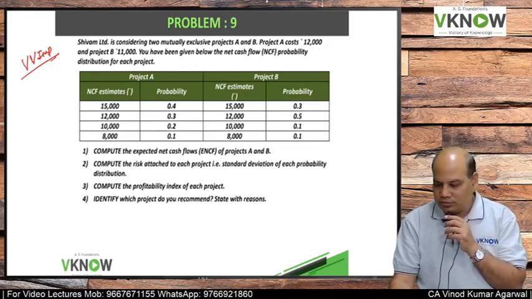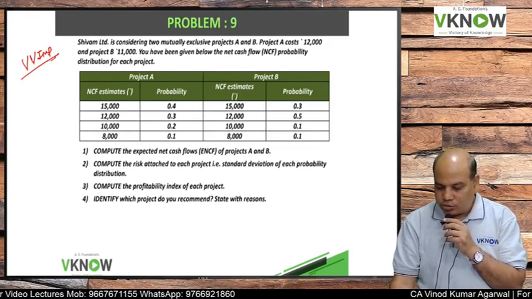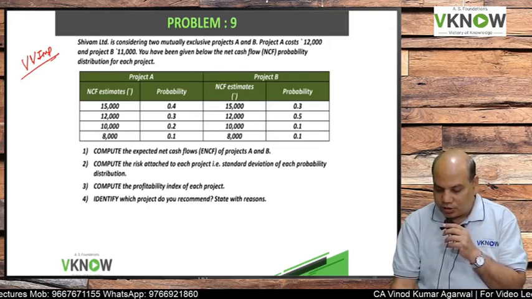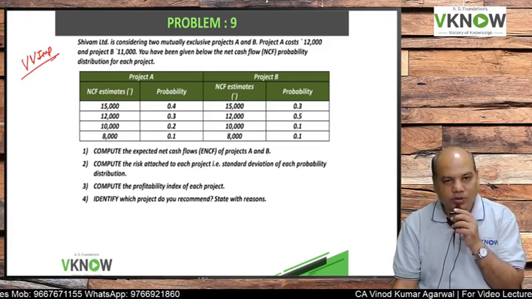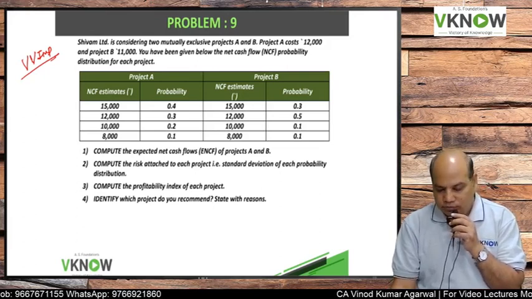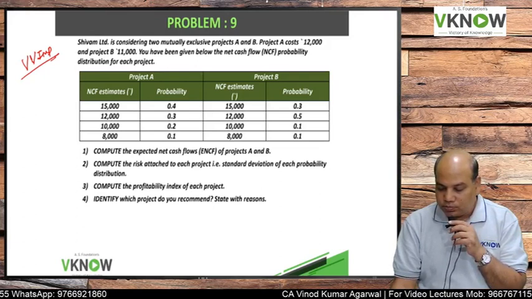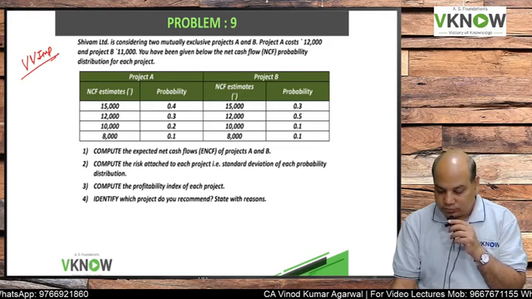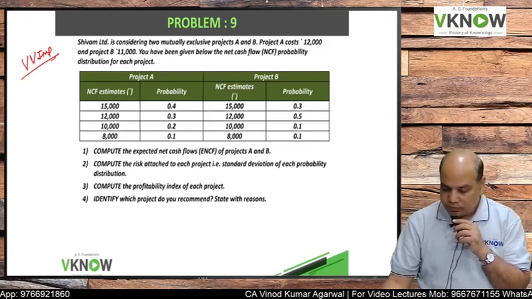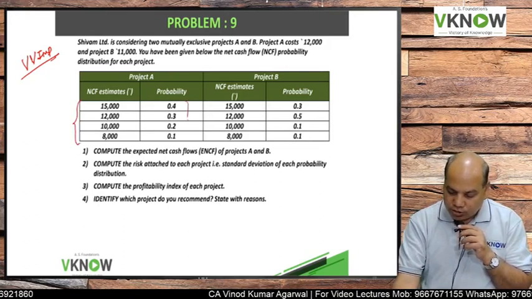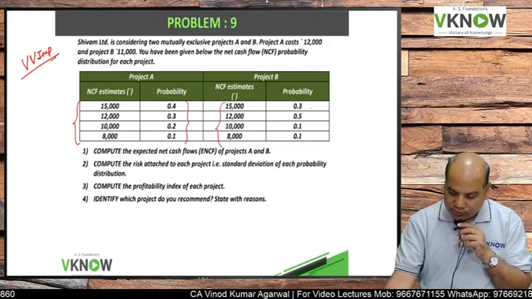Shivam Limited is considering two mutually exclusive proposals A and B. Project A costs 12,000, project B costs rupees 11,000. You are given the net cash flows with their respective probabilities.